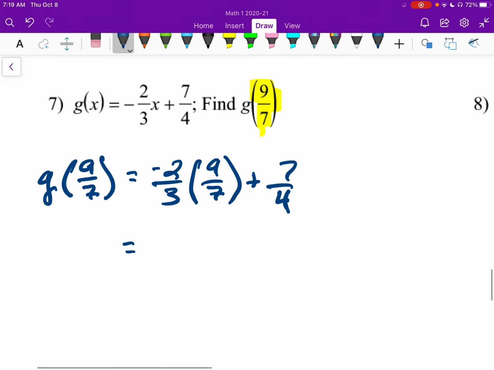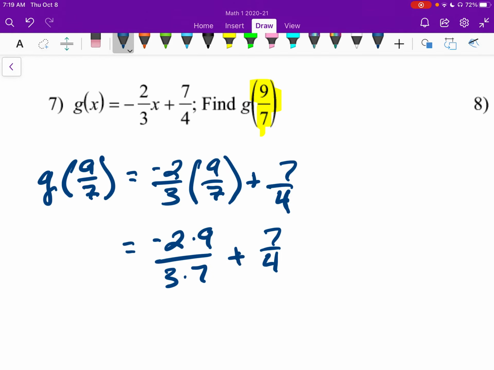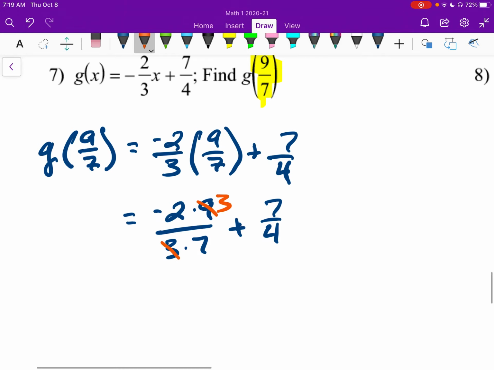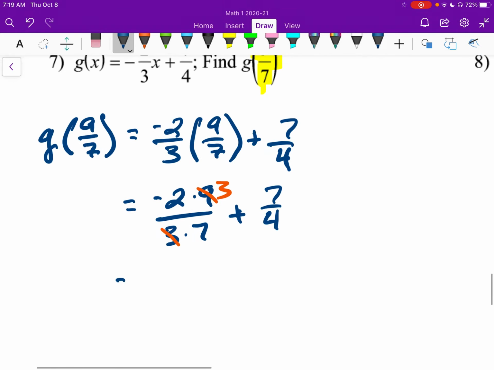This is the same thing as negative 2 times 9 over 3 times 7 plus 7/4. I'm going to cancel my 3 and my 9, and that leaves a 3 on top. So this gives me negative, what does that give me? 6/7 plus 7/4.